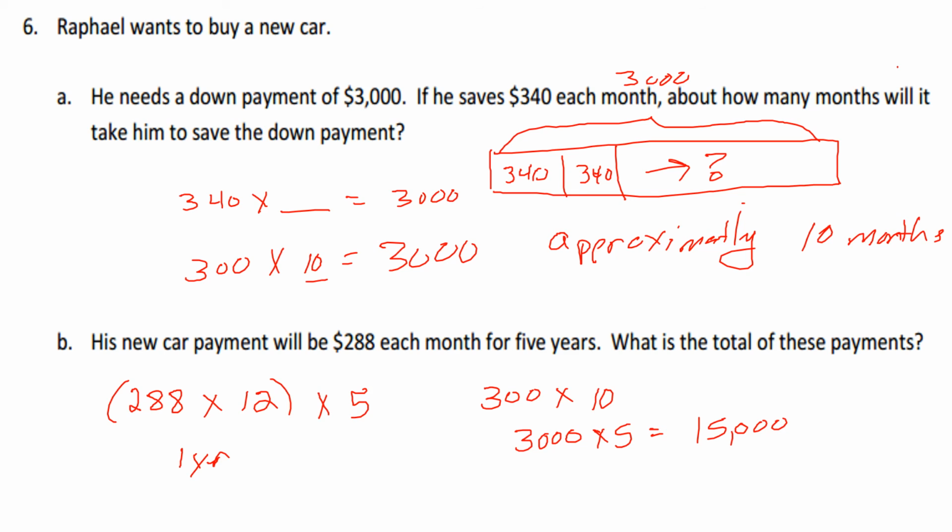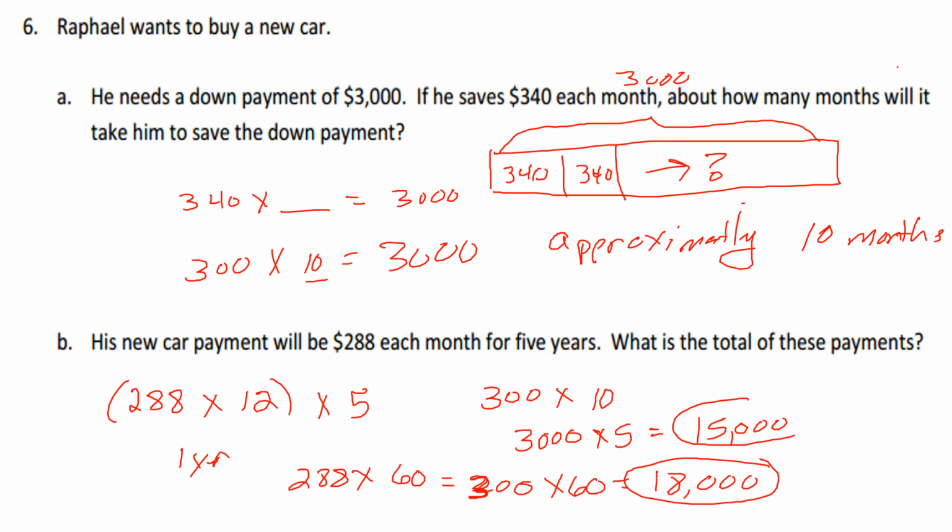Now let's think of the other way, 5 years. We know 12 months is in 1 year, so 5 years would be 60 months. So I could take 288 times 60 months, which would equal 300 when I rounded it, times 60, which would equal 18,000.